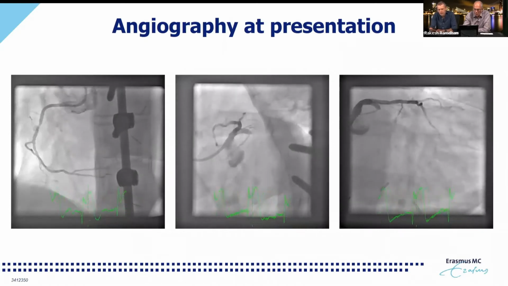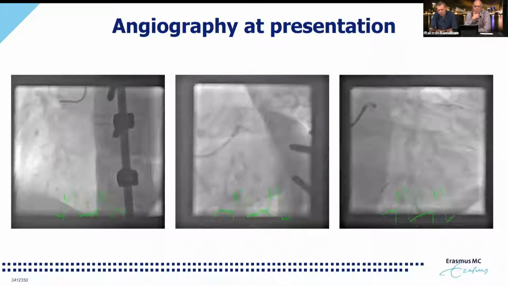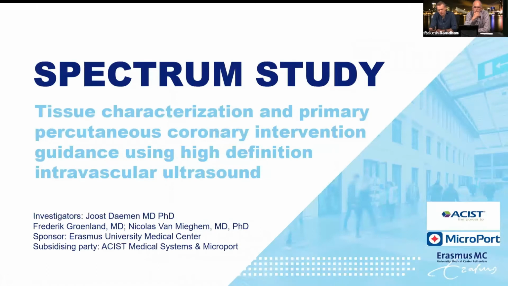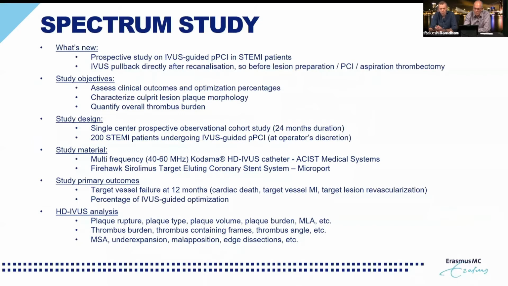This patient was enrolled in the Spectrum trial, which is a prospective observational trial in which we want to study tissue characterization and primary PCI guidance using HD IVUS. In very brief, it is a prospective study of 200 patients with IVUS guided culprit lesion assessment.